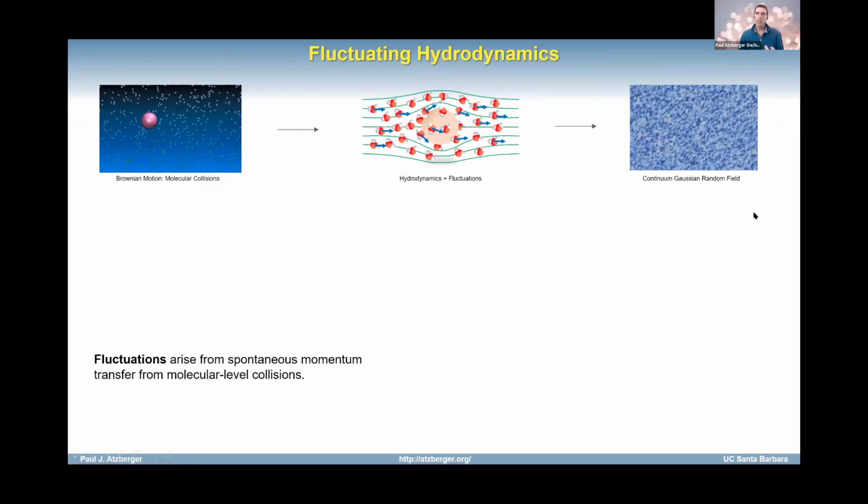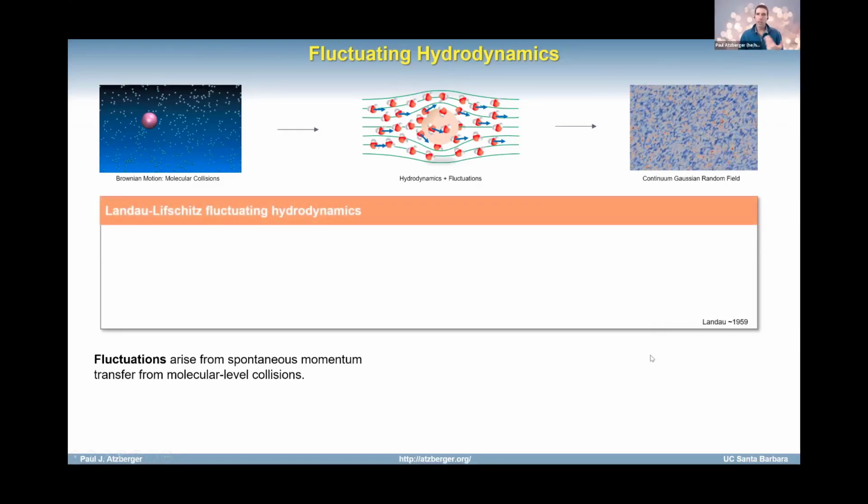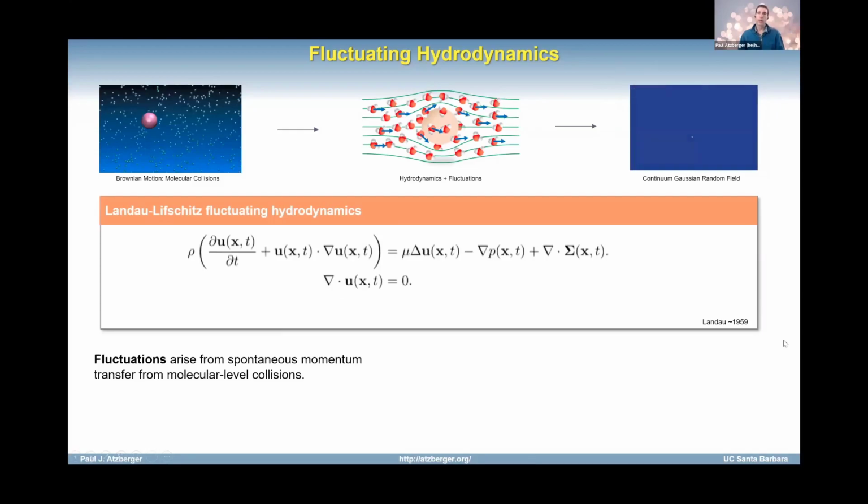Okay, so related to these ideas, I want to mention some classical work that was done by Landau and Lifshitz. They originally were thinking about similar ideas, but I won't go into all the statistical mechanics there. They developed similar ideas and introduced what are called fluctuating hydrodynamic equations.